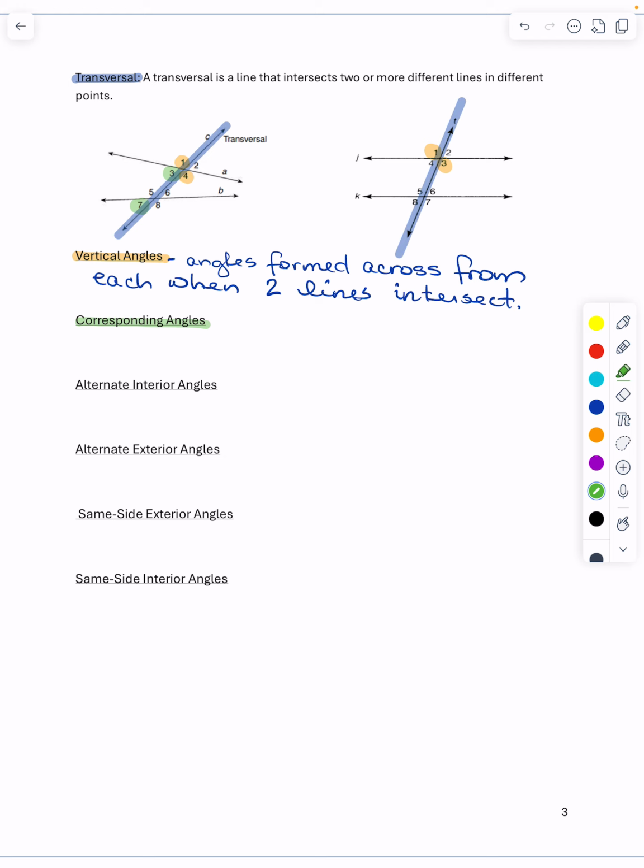On the right-hand side, I'm going to use angle 4 and angle 8. Angles in the same position when a transversal intersects two lines.